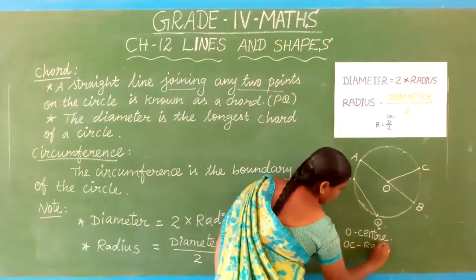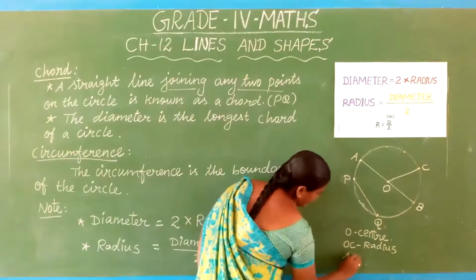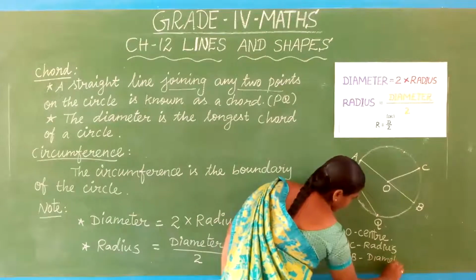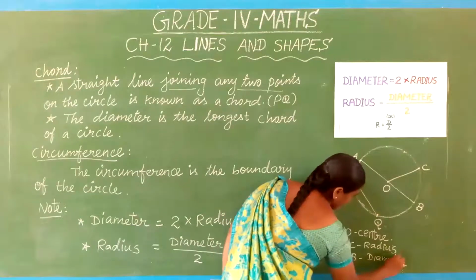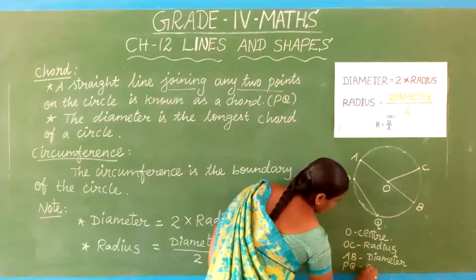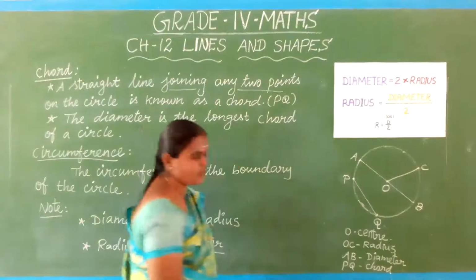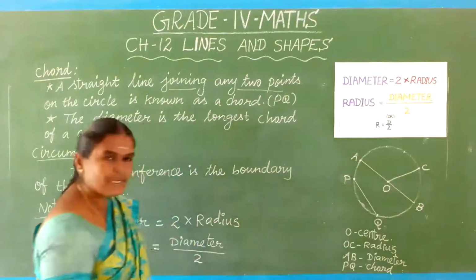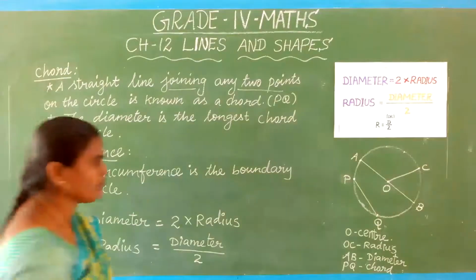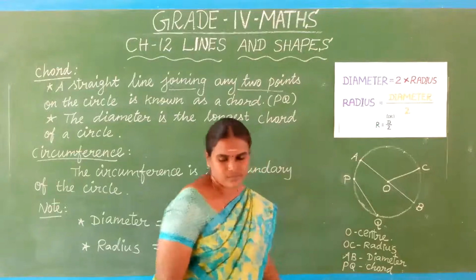Radius OC. AB, diameter. PQ, chord. So copy it in your class document. Use a pencil for this diagram.